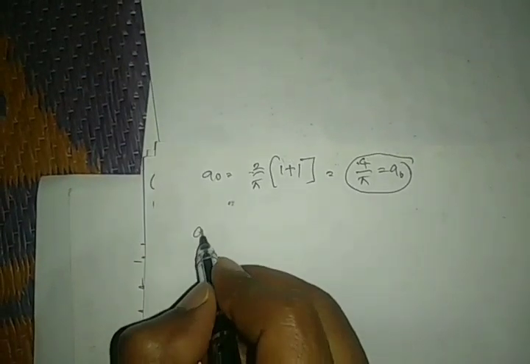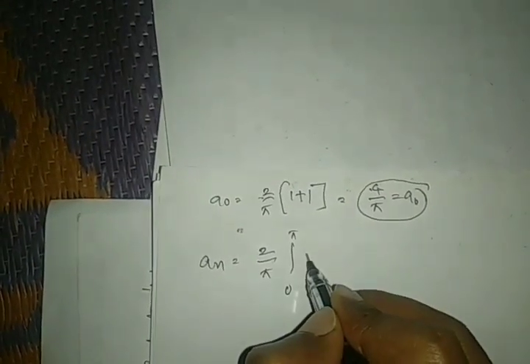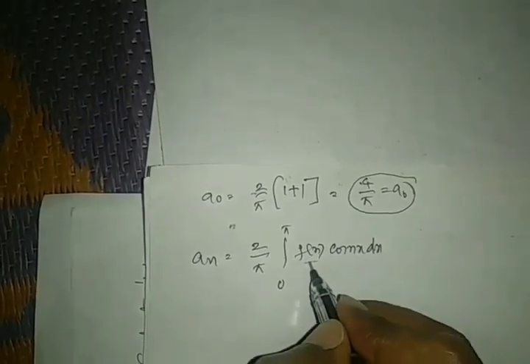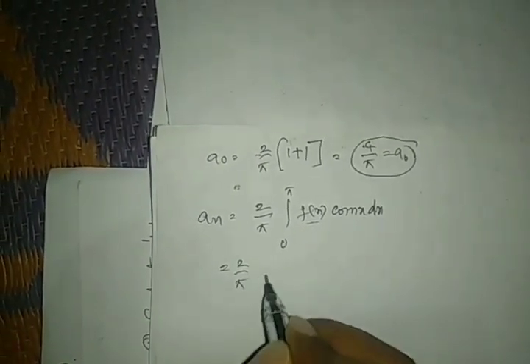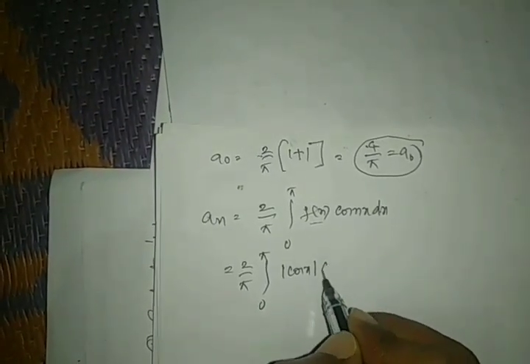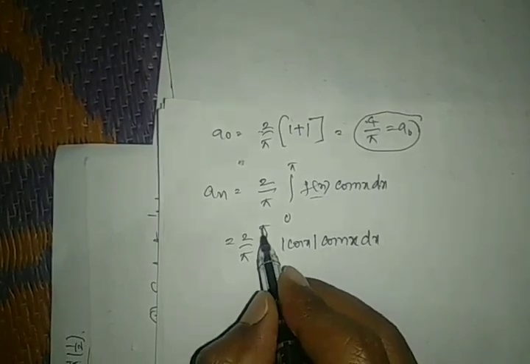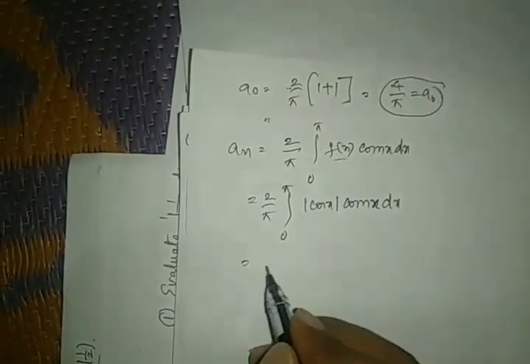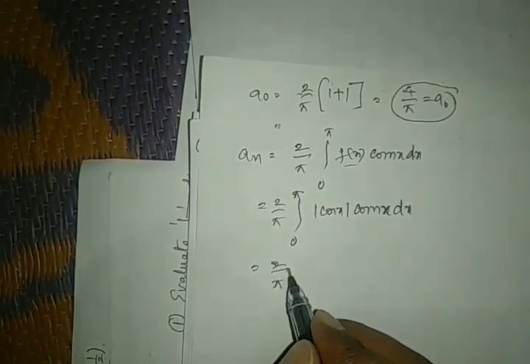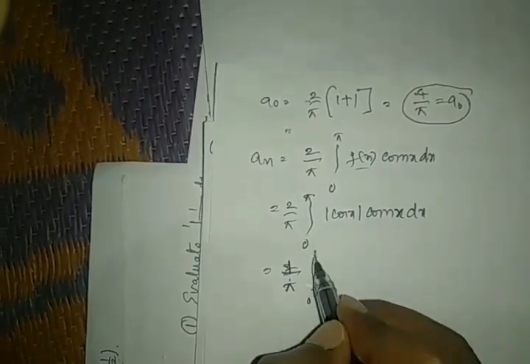Now find the an value. an is equal to, the formula is 2 by pi integral 0 to pi f of x cos nx dx. Substituting f of x, that is 2 by pi integral 0 to pi mod cos x into cos nx dx. Again here also 0 to pi, so apply the same formula and split the limits, 0 to pi by 2 and pi by 2 to pi.